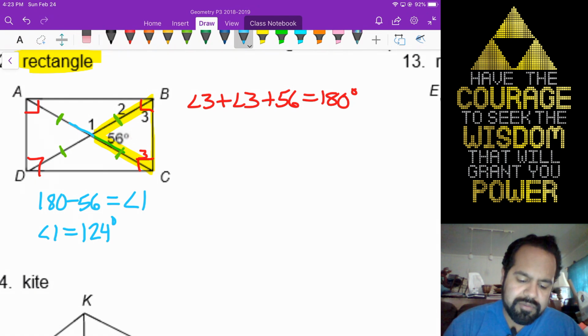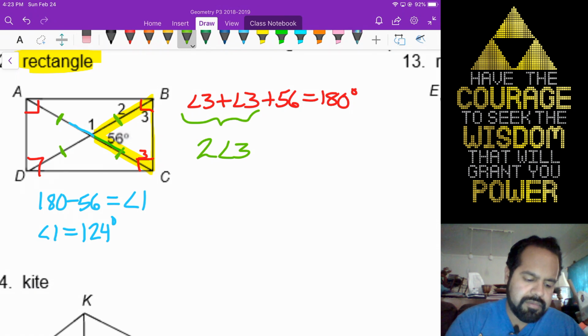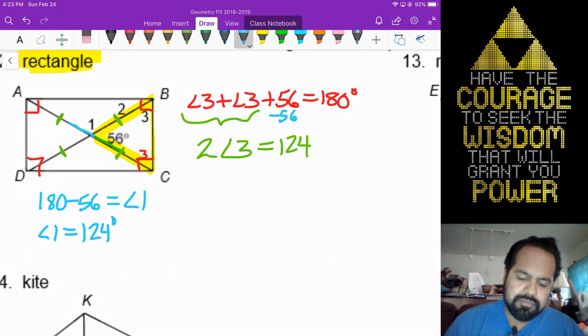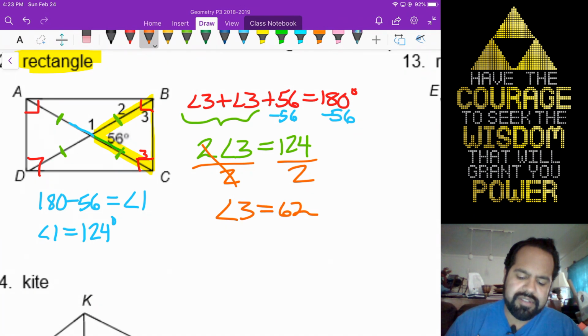All right, so I'm going to take these 2 angle 3s, and because there are 2 of them, I'm going to say 2 angle 3s equals 124 degrees. Now, to get the value of just one of those angles, just divide by 2. So angle 3 is going to equal 62 degrees.